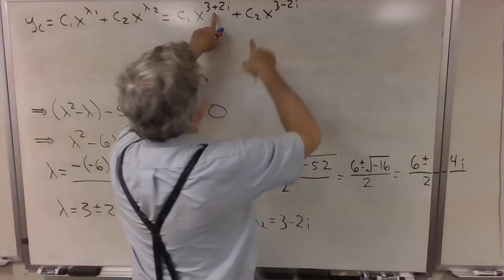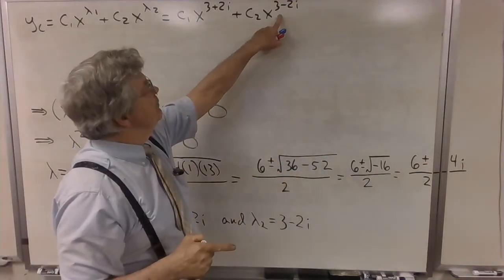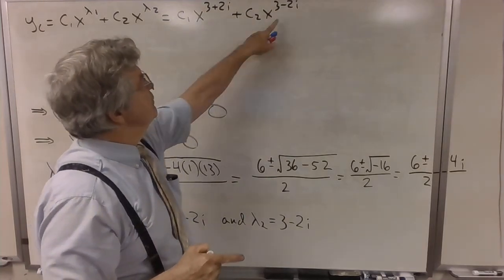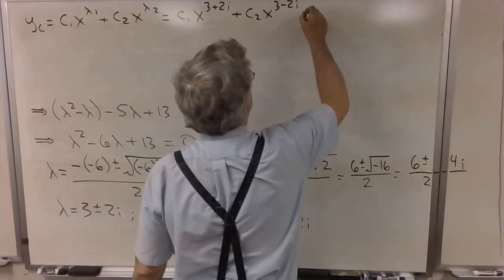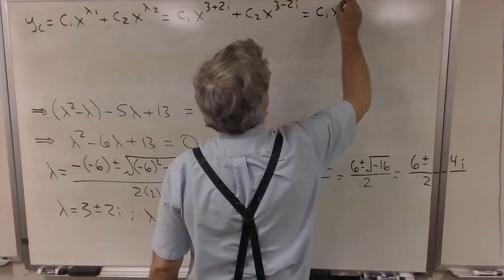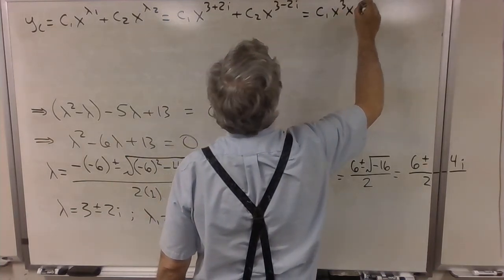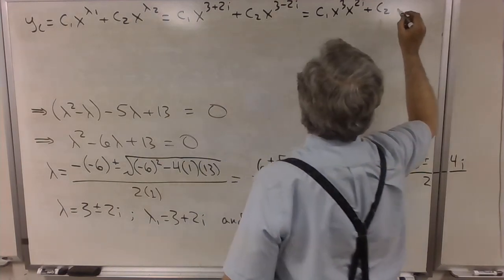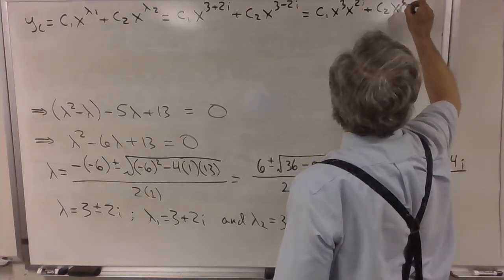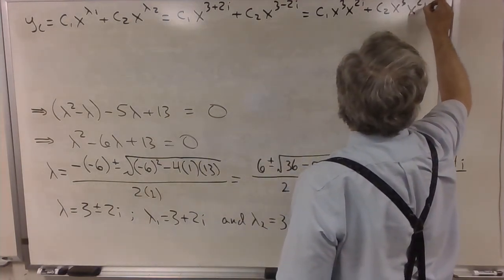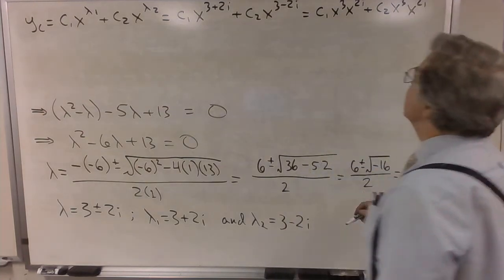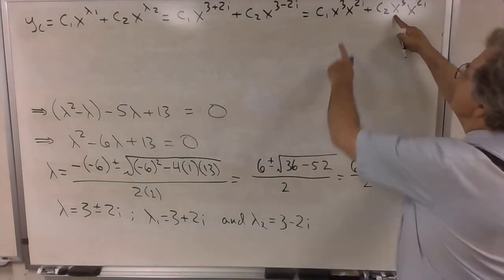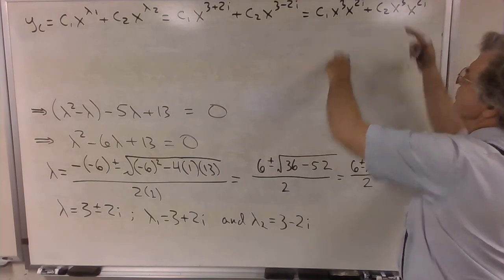And I'll split each of these two things up into the product of x to 2 powers. C1 x cubed x to the 2i plus C2 x cubed x to the negative 2i. And I do that because I'll get a common factor of x cubed.